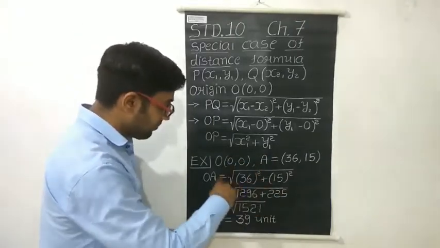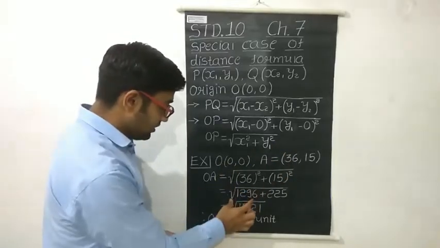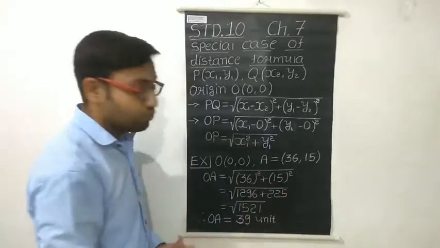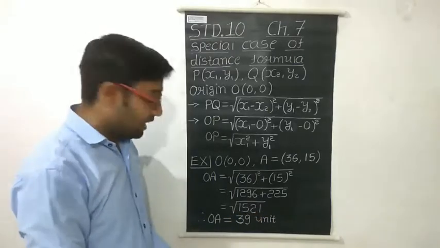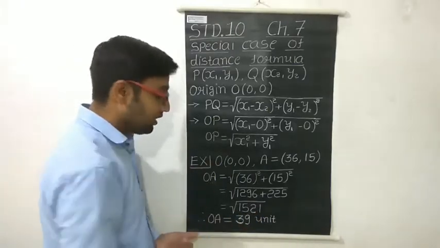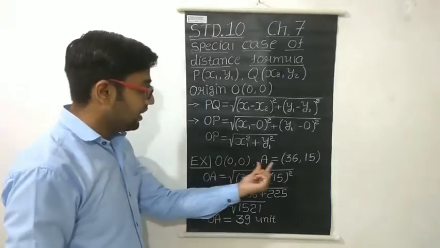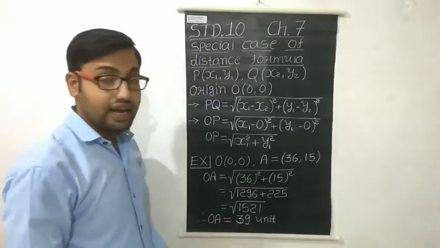By adding them and by taking the square root, we get the distance. So 36 square is 1296 and 15 square is 225. So by adding we get 1521 and by taking the square root we get 39 units. That is the distance of point A from the origin. So OA is equal to 39 units.